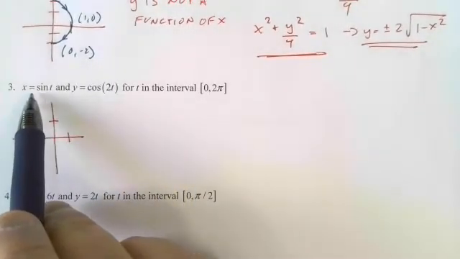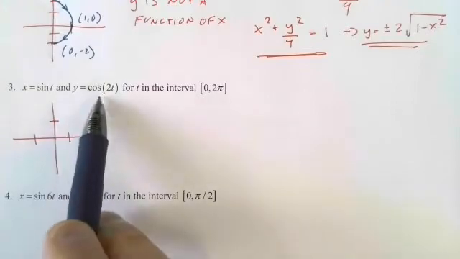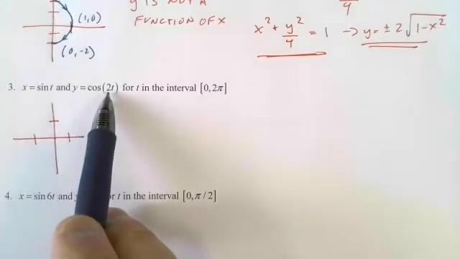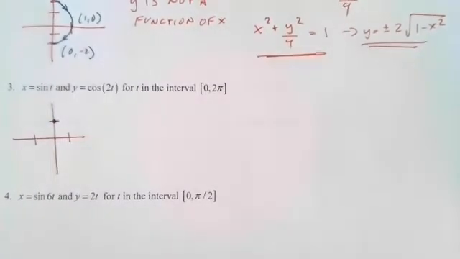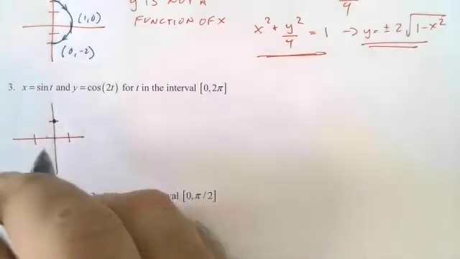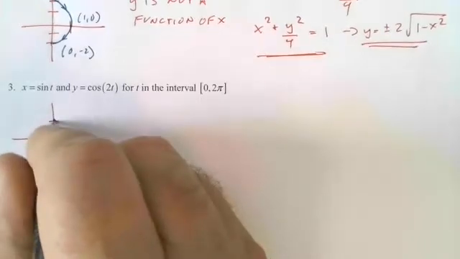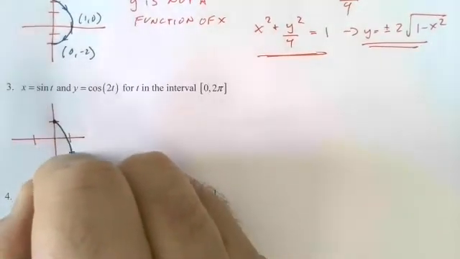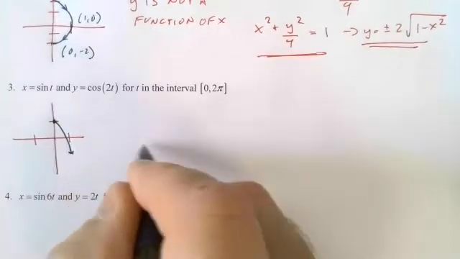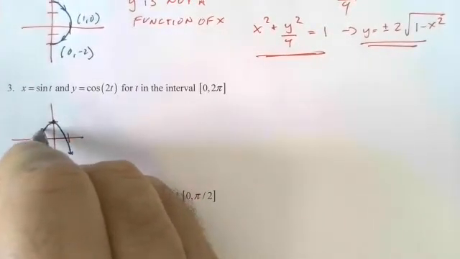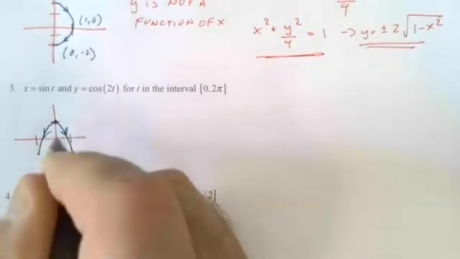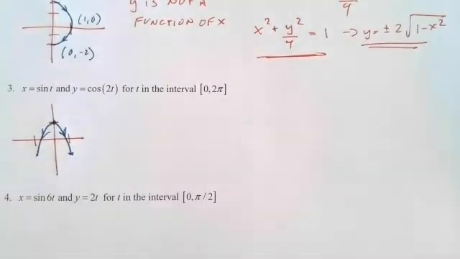Plug in 0, x equals 0. Plug in 0, cosine equals 1. I get it, from 0 to 2 pi. So we've got two curves going on here. One does that. And then when the cosine gets in the negative world, it does that. Which is making my brain hurt, so I don't even want to try and describe it.